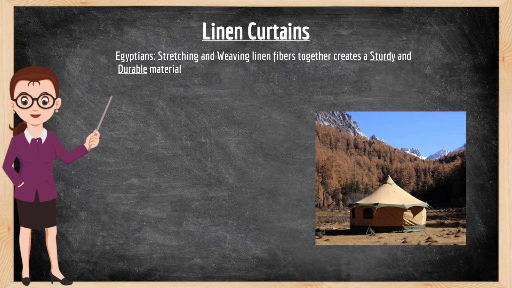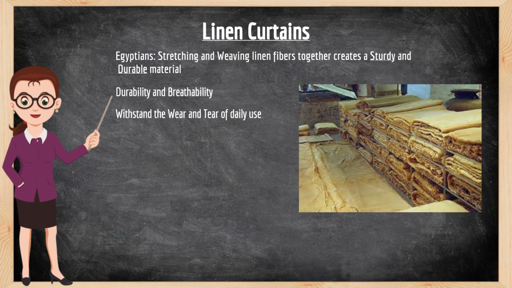The fabric's combination of durability and breathability makes it an excellent choice for various applications. The strong fibers can withstand wear and tear of daily use while allowing air to circulate, keeping you comfortable. This breathability also helps to reduce the risk of mold and mildew growth.